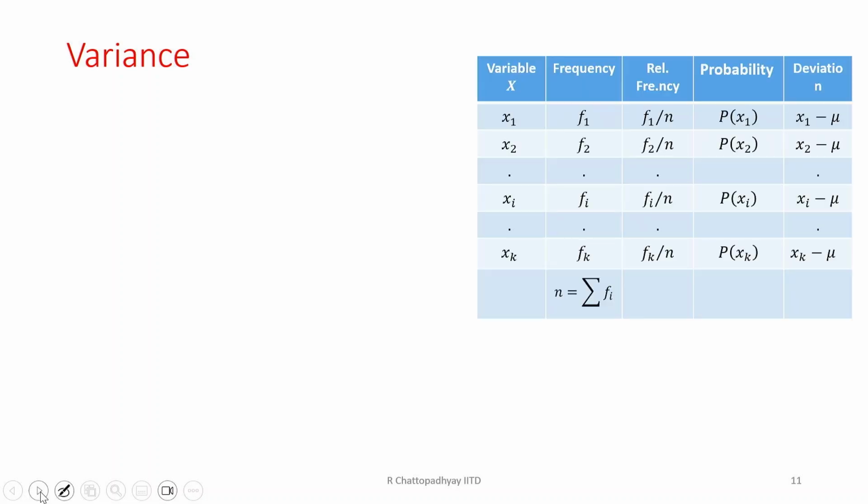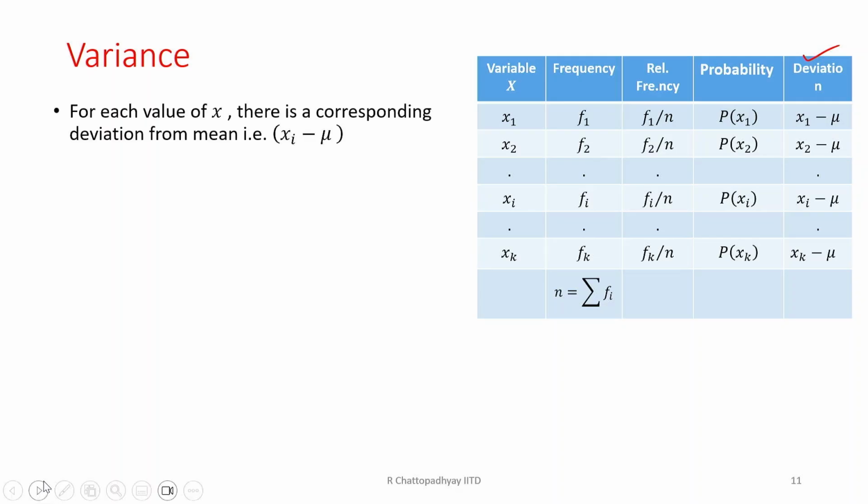Now comes the variance calculation. Now we take the same table, we add one more column here. This is the new column that we have added. See, variance, as we have learned from the basics, depends upon the deviations.